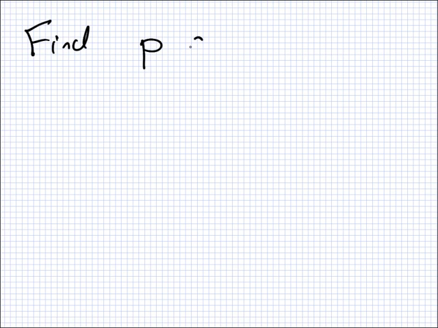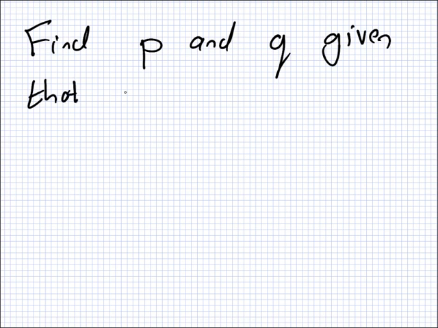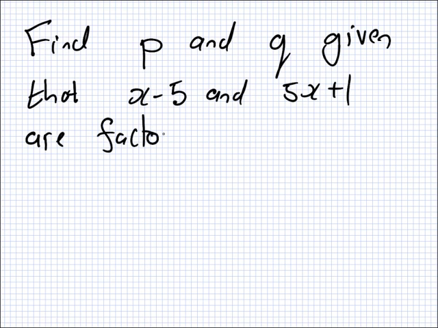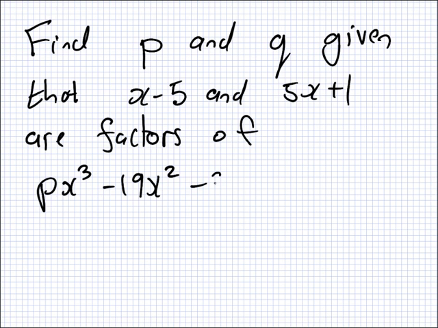Find p and q given that x minus 5 and 5x plus 1 are factors of px cubed minus 19x squared minus 29x plus q.